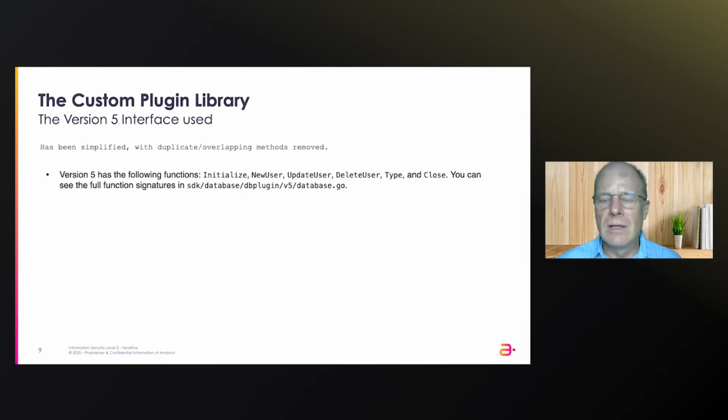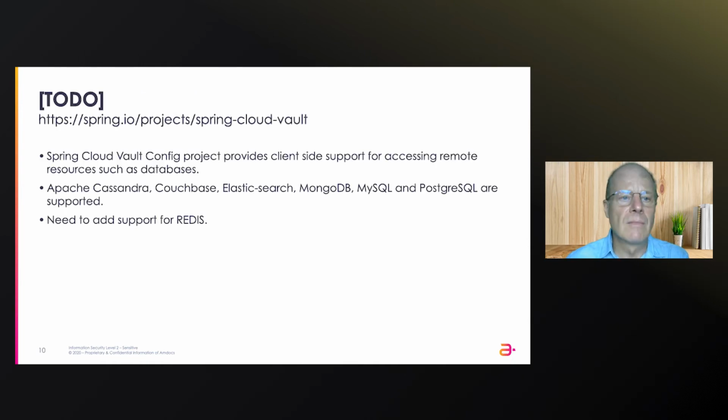It's got many of the overlapping duplicate methods removed, and we only have to implement these particular methods now: initialize, new user, update user, delete user, type, and close. Much simpler. There's no rotate user, which is really just a call underneath to update user. So it's streamlined, easier to use, and much nicer.